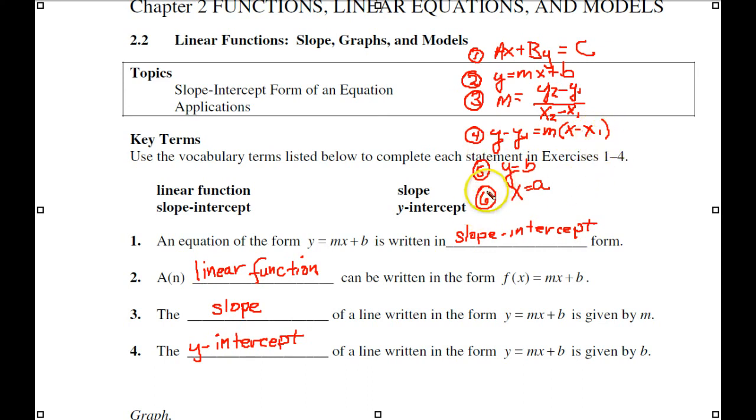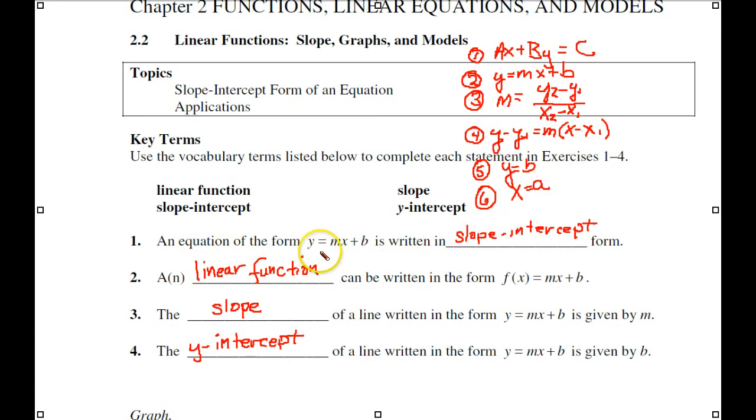And then here are 2 special equations, y equals b, and we'll go over that. And that's what we'll call equation 5. And then equation 6 is x equals a. All right, so this is sort of background. I'll probably have this on the board for each lesson that we do in chapter 2 that relates to graphing. These are our references. And now for the key words.